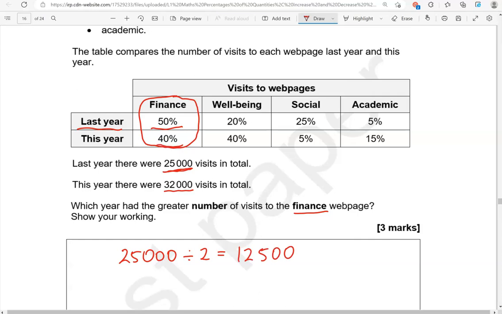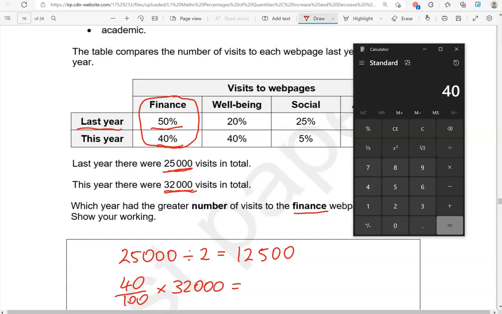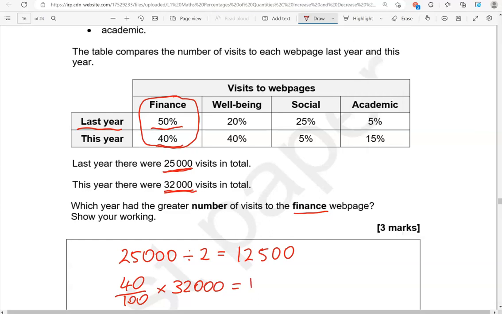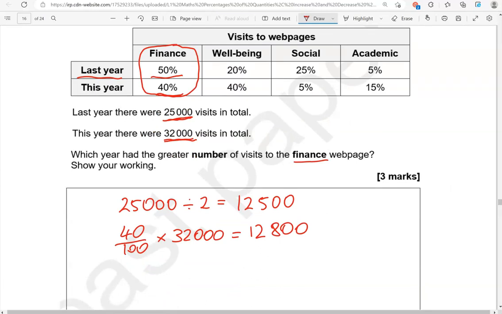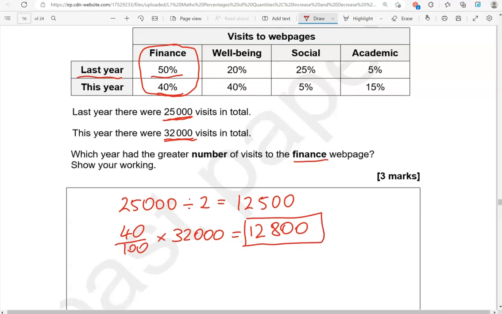And this year, that is 40% of 32,000. So 40 divided by 100 times 32,000 gives us 12,800. So which year had the greater number of visits to the finance web page? That's this year.